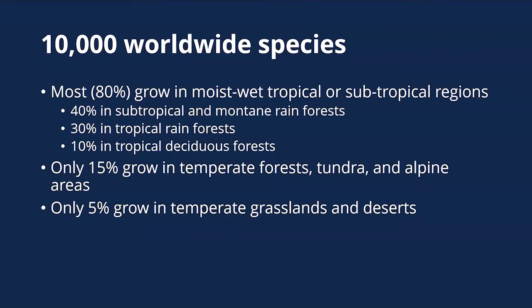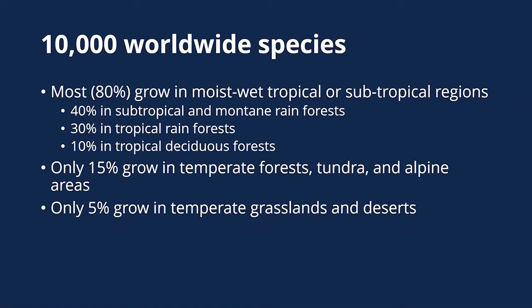That's where we get that 80%. Once you get out of that region, the number of ferns really drops. In the temperate forest, even up into the tundra or alpine, there's only about 15% of the worldwide fern species, and only about 5% grow in temperate grasslands or temperate deserts.